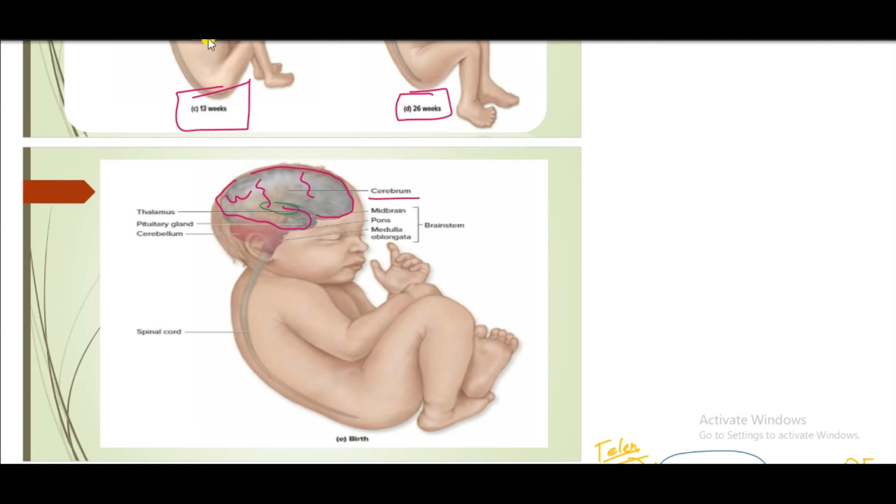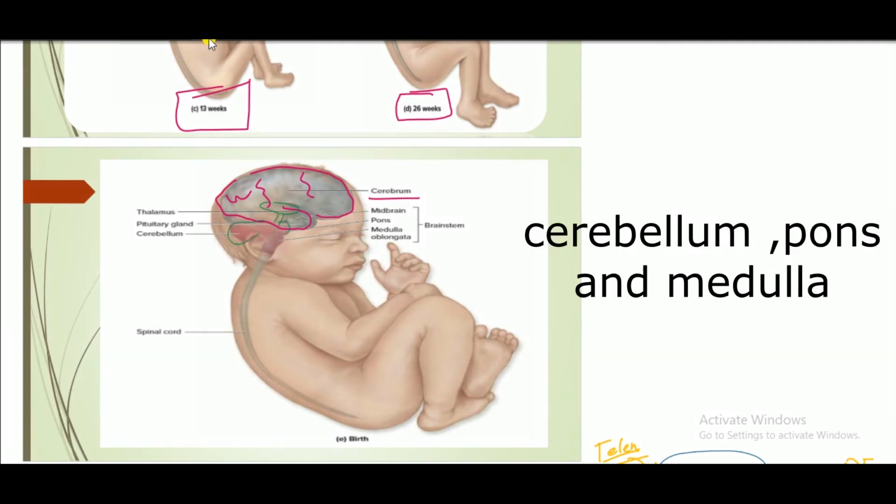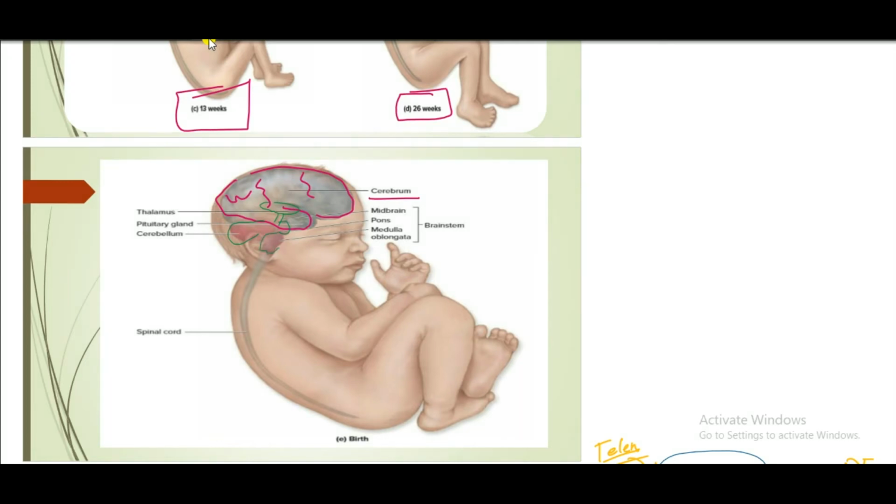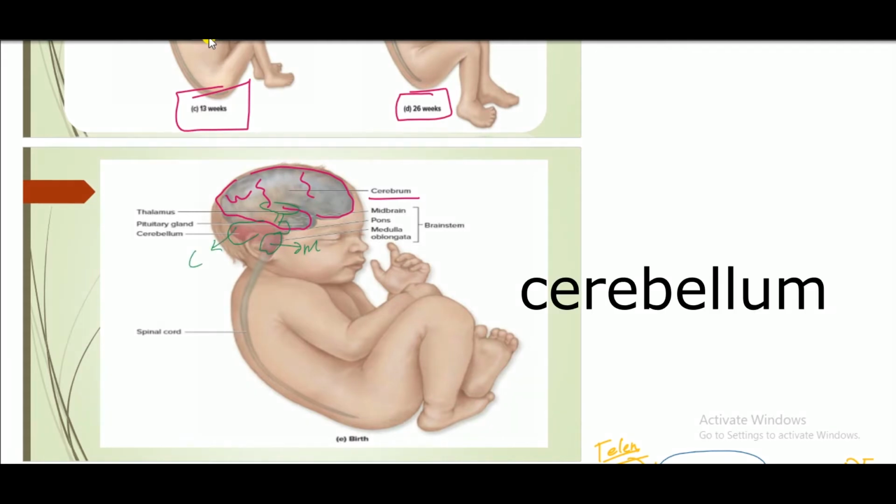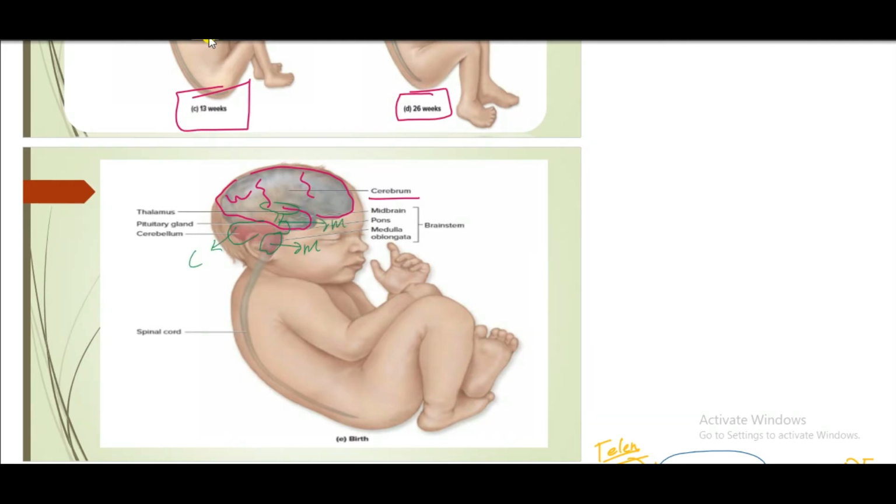You can see diencephalon and the midbrain and the pons. You can see the medulla, midbrain, and your diencephalon or the thalamus included: thalamus, epithalamus, hypothalamus regions.